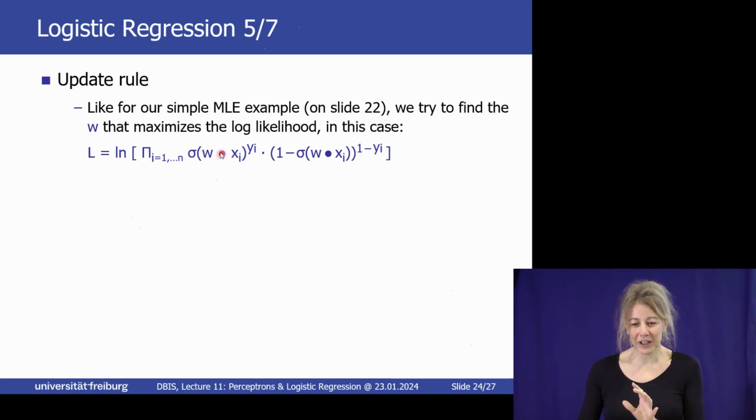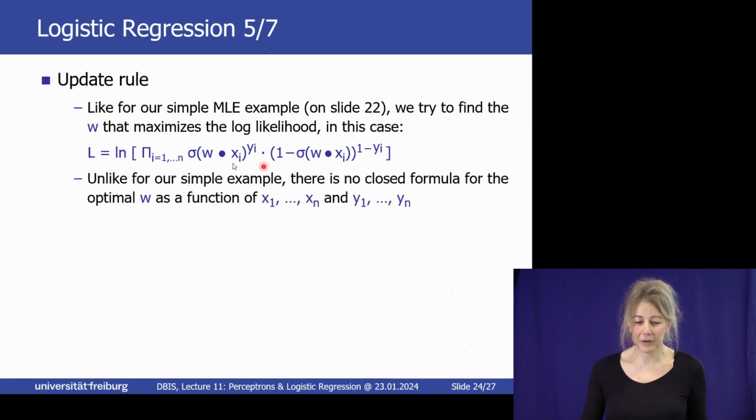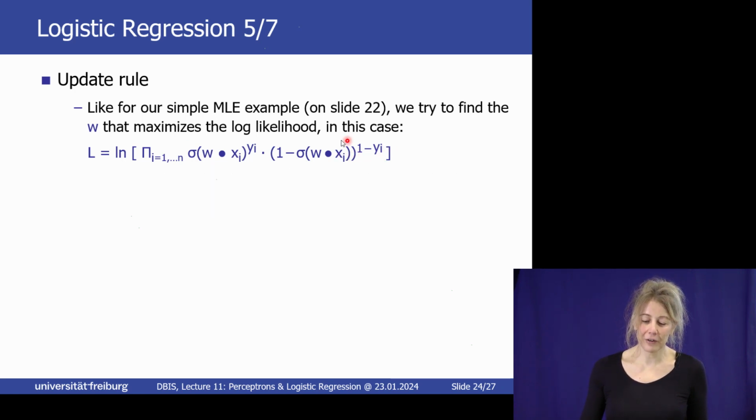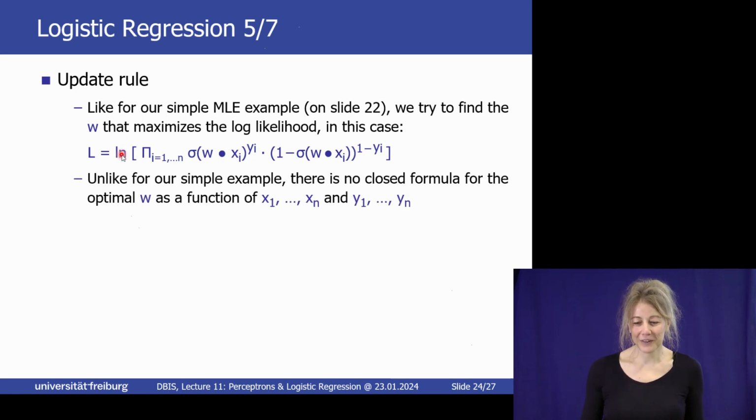Instead of trying to find the W that maximizes this, find the W that maximizes the log of this, which is the same thing, same reasoning as before. So that's our task. Given this, find the W that maximizes this. This looks very hard, and indeed, you can't do it.